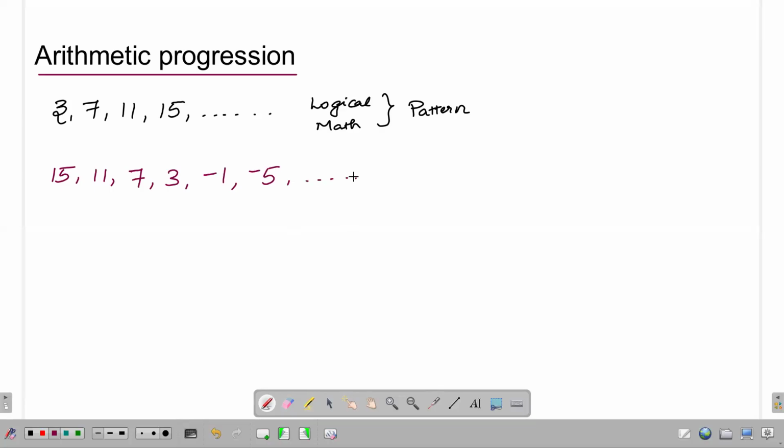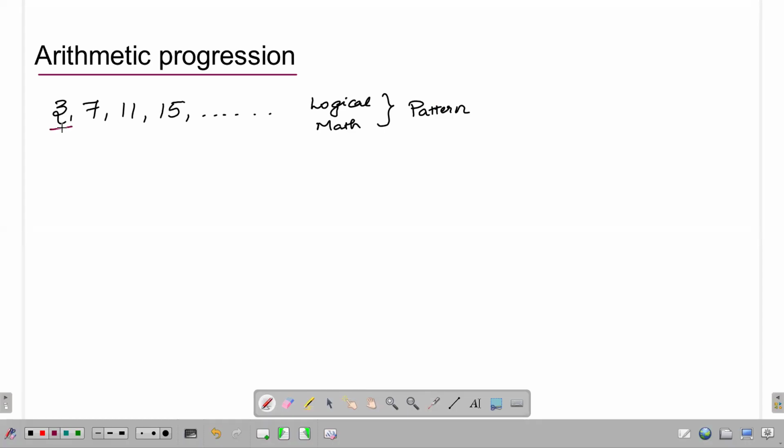So it can even show a decreasing trend. But still, we consider it a progression because it follows a logical or mathematical pattern. Let us analyze the series that I have presented here.